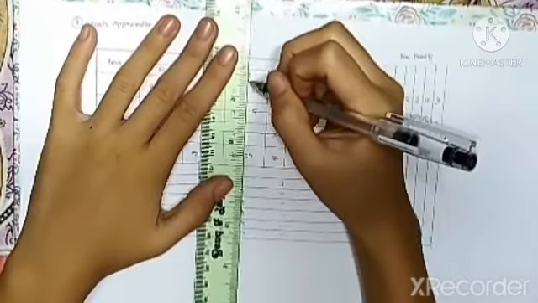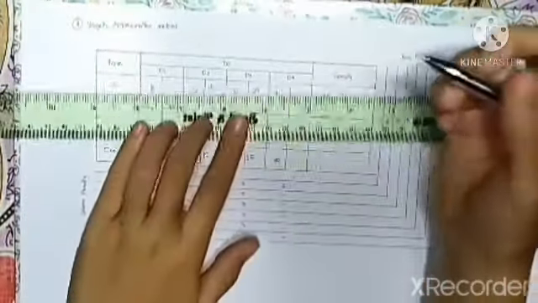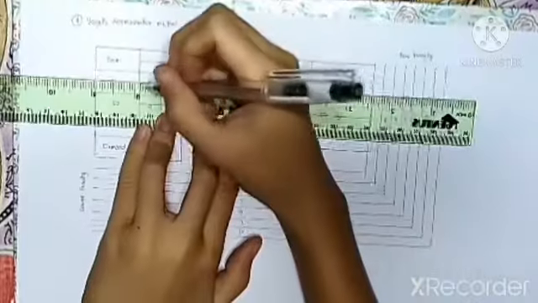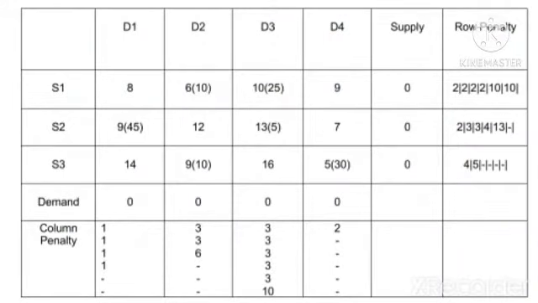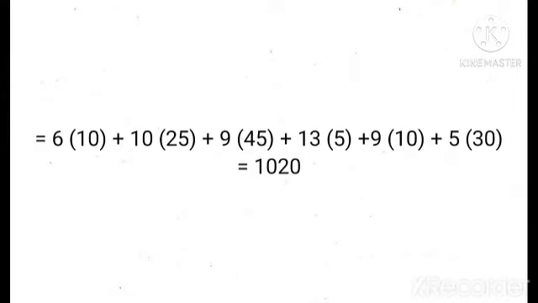It satisfies supply S1 and demand of D3. This is the initial feasible solution. The minimum total transportation cost is 1,020.